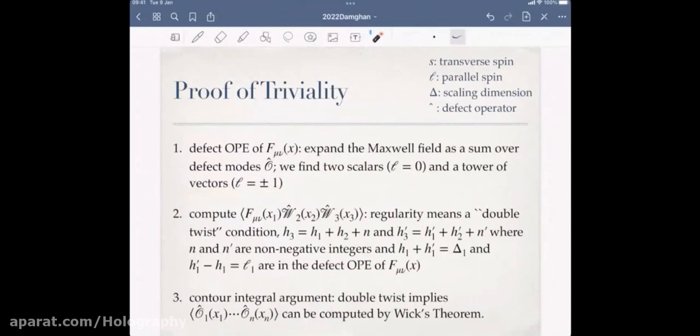Now, once you've shown that, we're going to compute a 3-point function of the Maxwell field in the bulk and two boundary operators, W2 hat, W3 hat. And we're going to find that this object, because F is free, is almost always sick.